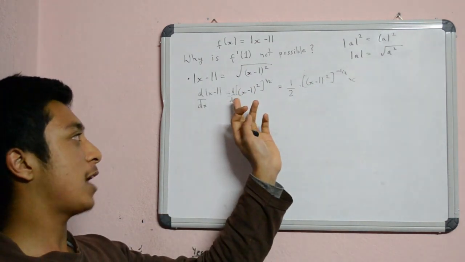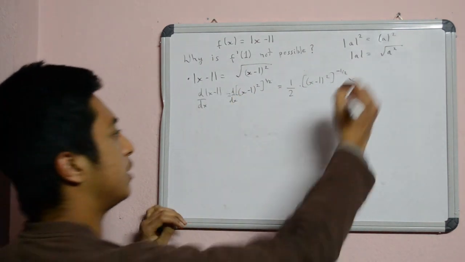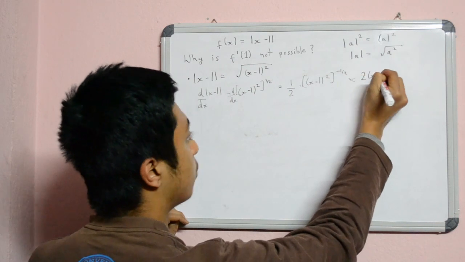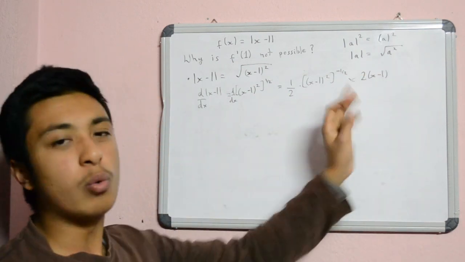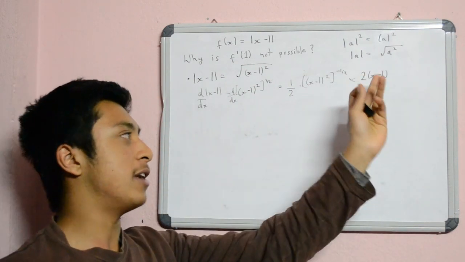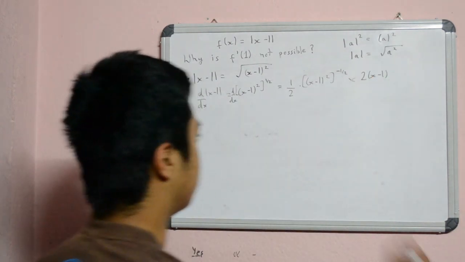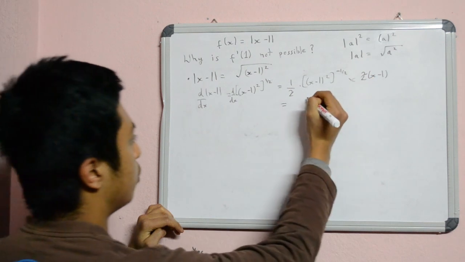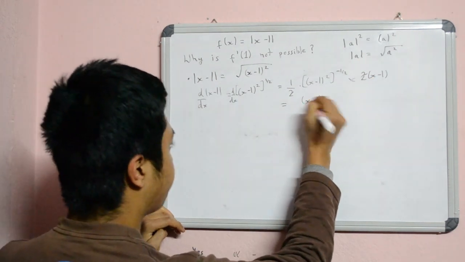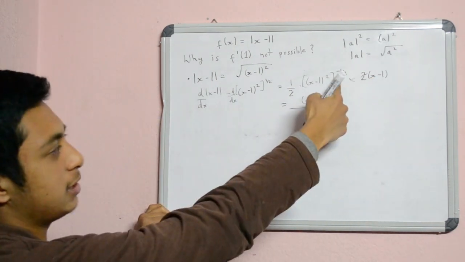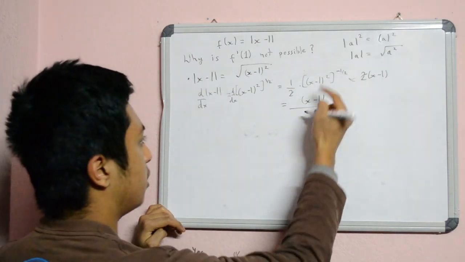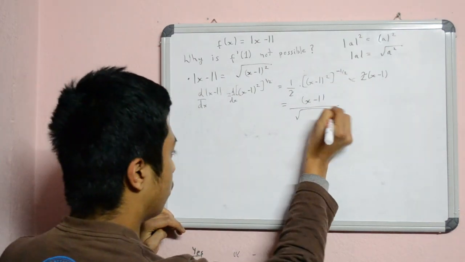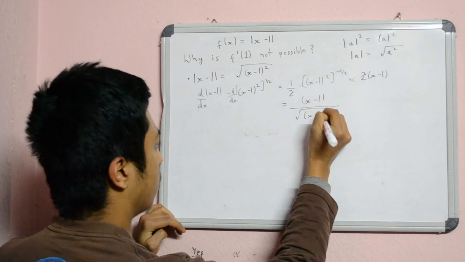The inside is (x minus 1) squared, whose derivative is 2 into (x minus 1) into 1, because you again have to find the derivative of the inside. Here 2 and 2 will cancel. We'll have (x minus 1) divided by the square root of (x minus 1) whole squared.